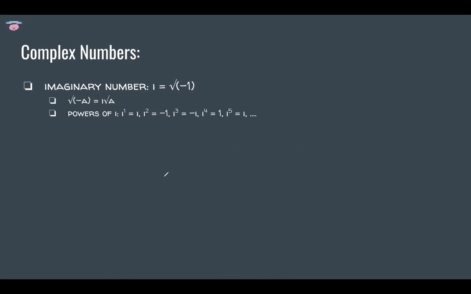So for example, i to the power of 1978. Well, 1978 is even, so it's divisible by 2, but it's not divisible by 4.